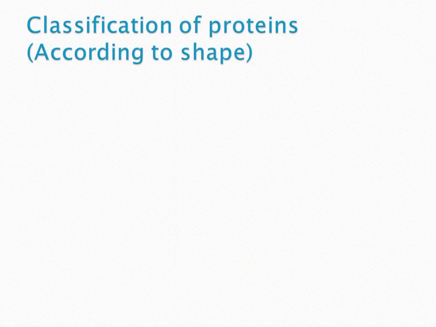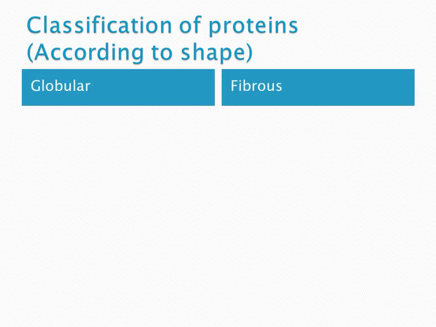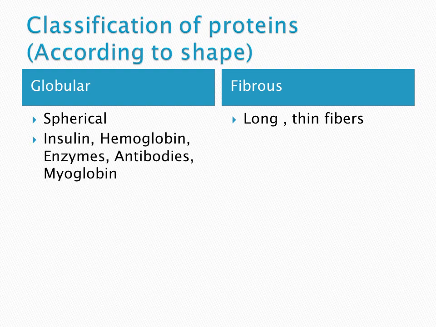Classification of protein. Proteins are classified into two types according to their final shape after association: globular protein or fibrous protein. The final shape of a globular protein is spherical, whereas a fibrous protein is a long, thin fiber. Examples of globular protein: insulin, hemoglobin, enzymes, antibodies, and myoglobin.